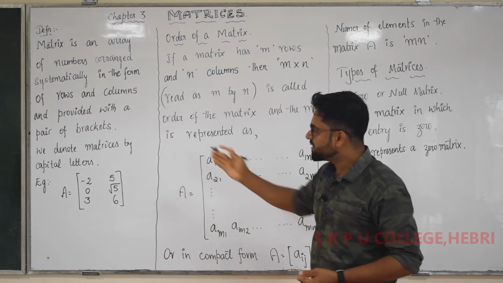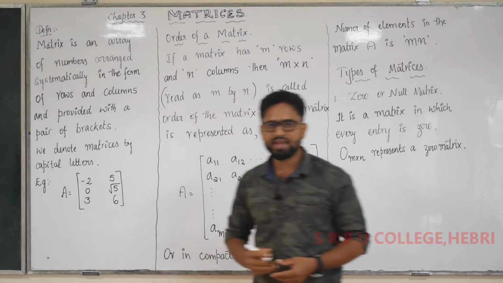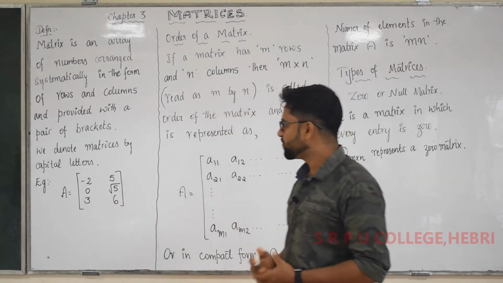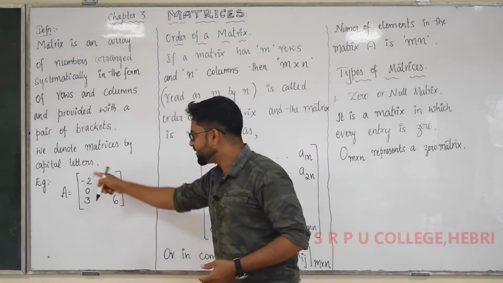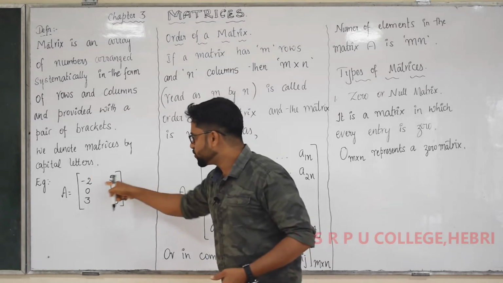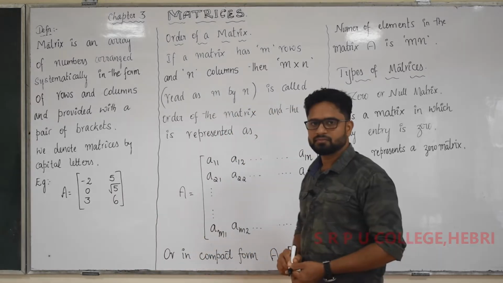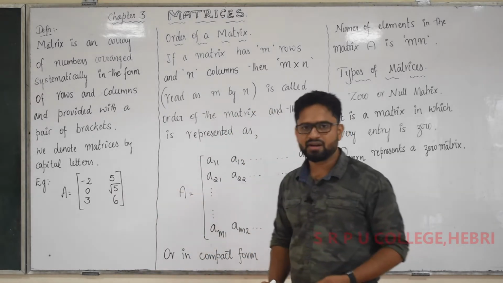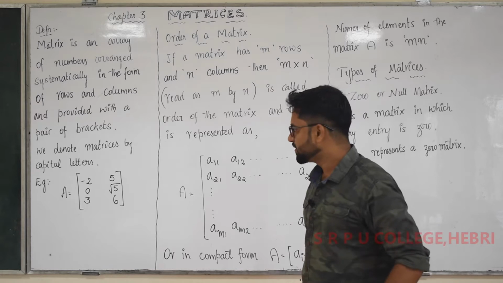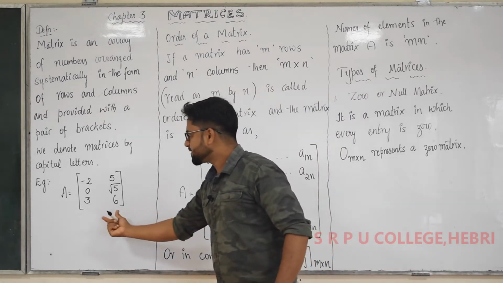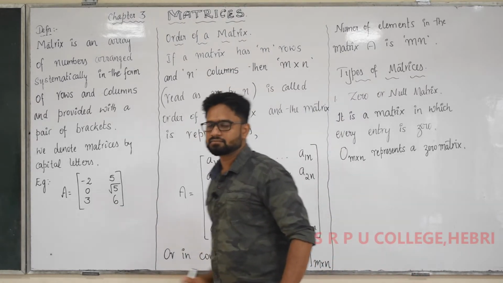We denote matrices by capital letters A, B, C, and so on. For example, A is equal to, within the square bracket, -2, 5, 0, root 5, 3, 6. No comma in between the numbers, and this represents matrix A.